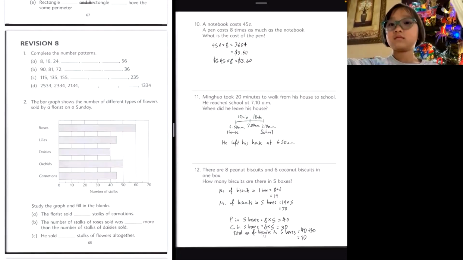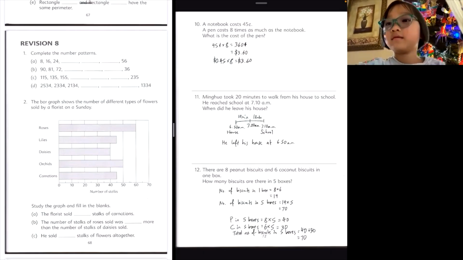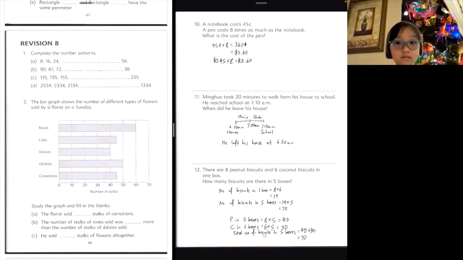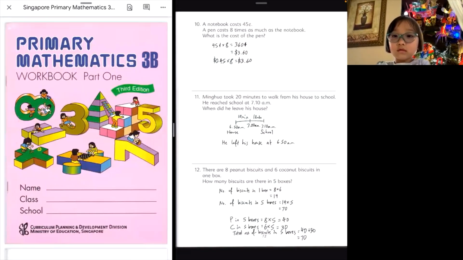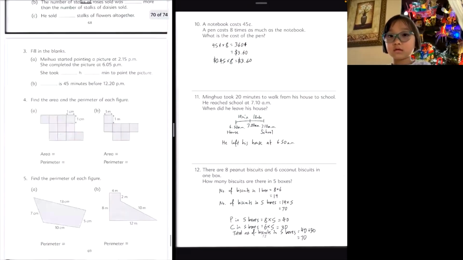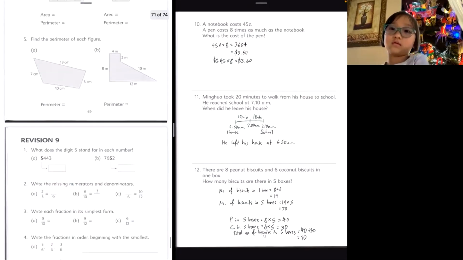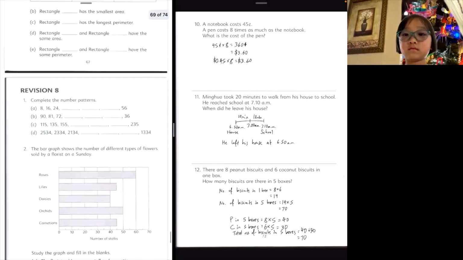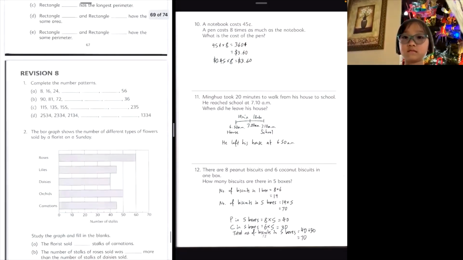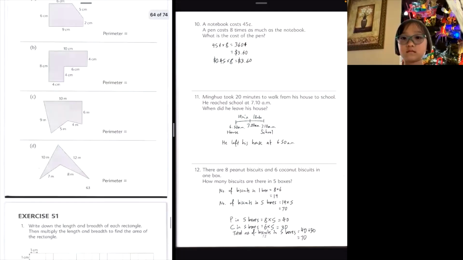But if you've done both, oh, you did both already. I guess you could try some of the other exercises in the book that I haven't asked you to do. Or you could just relax for now since you've already done it.